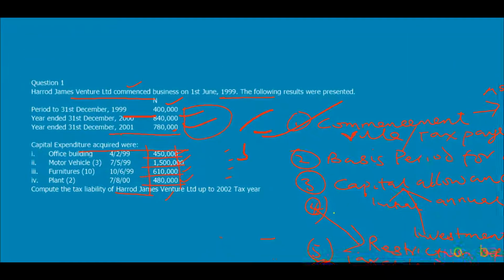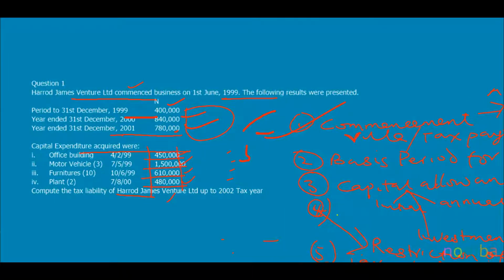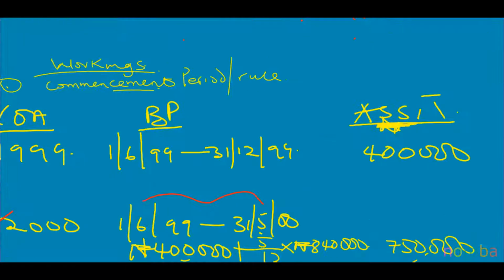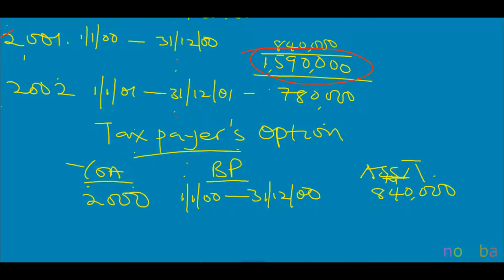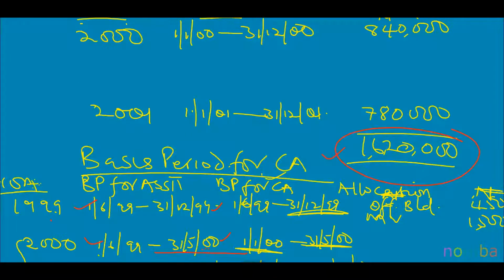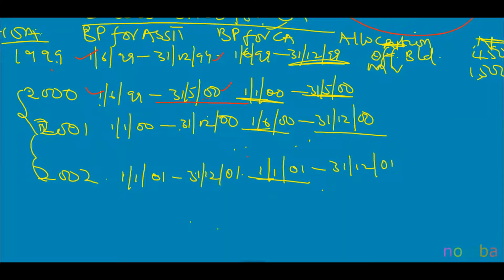What's the next asset now? That is furniture. You see there in bracket 10. It means 10 of them were bought. 10th of June 99, 610,000. 10th of June 99 should be somewhere there.